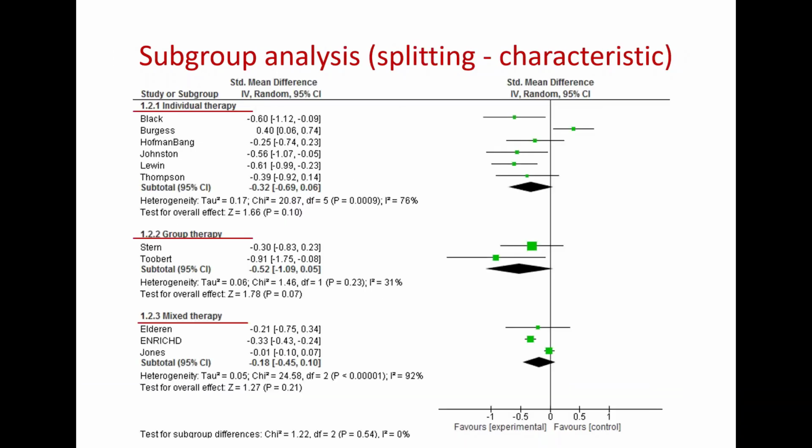Out of interest, but very quickly, if we think about a subgroup analysis on the basis of how the intervention was delivered, whether it was individual, group, or mixed, giving you a bit of time to digest the slide, grouping my studies by this characteristic doesn't really seem to have explained that degree of heterogeneity.